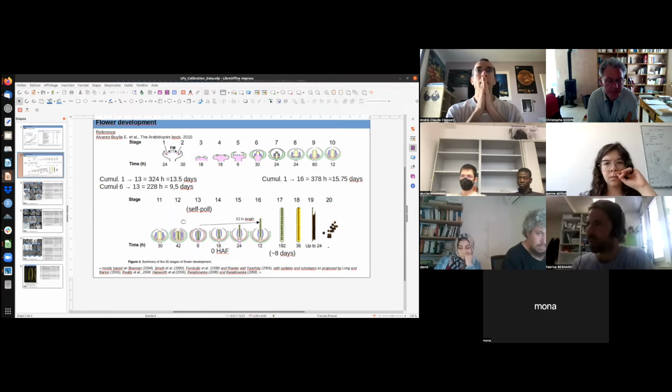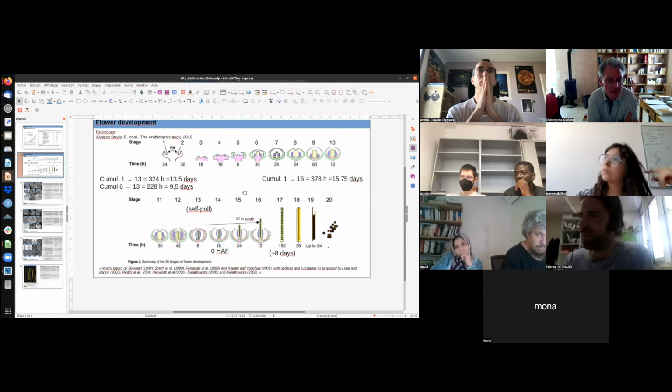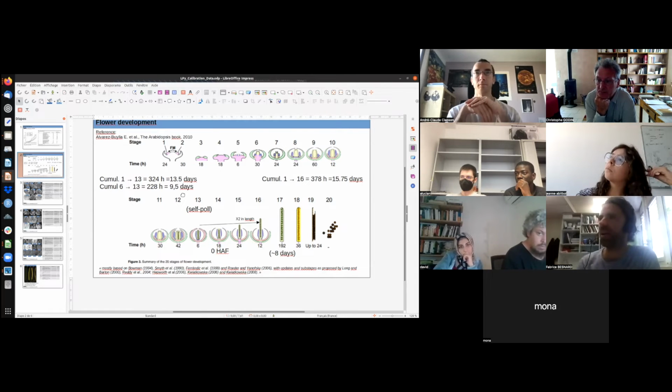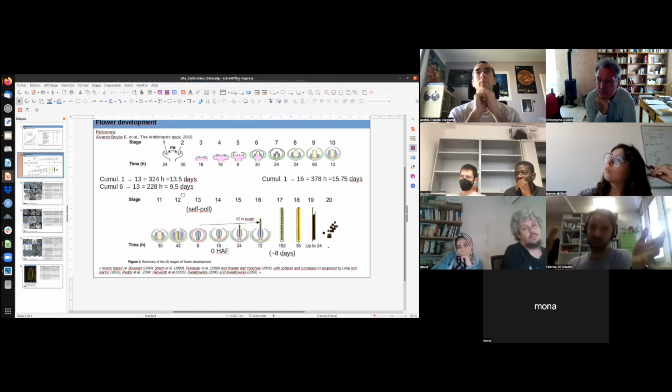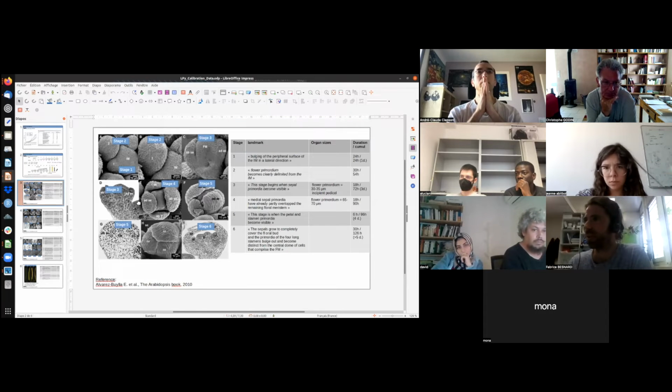So what we are trying to do in a way is to extend this work that was nicely done almost 30 years ago on the flower, but for the entire plant, and to stage every step of the development of the aerial part of the plant, and to synchronize the different parts together.